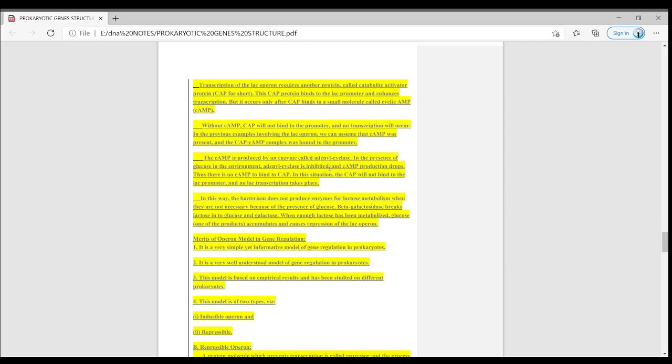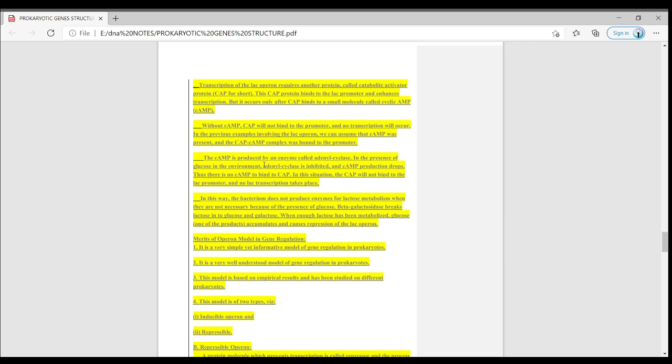Thus there is no cAMP to bind to CAP, and in this situation the CAP will not bind to the lac promoter.